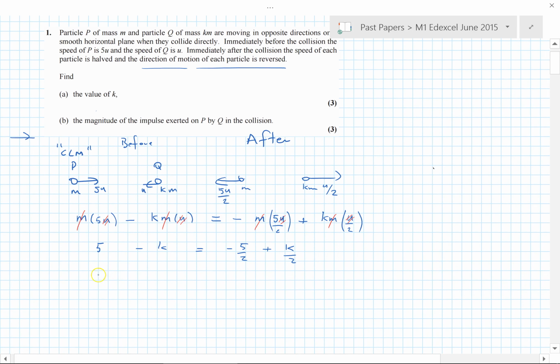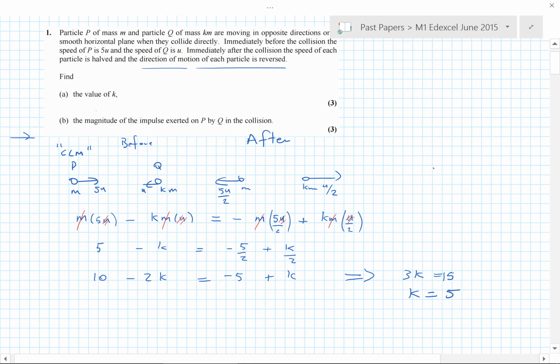Right, okay, so let's double everything. 10 minus 2k is equal to minus 5 plus k. So that gives us 3k equals 15, k equals 5.